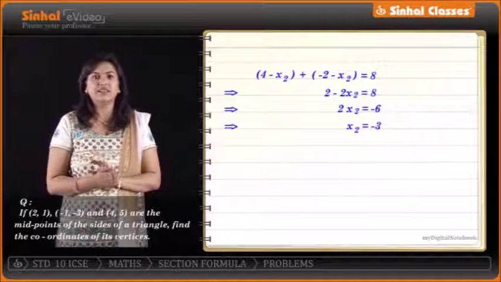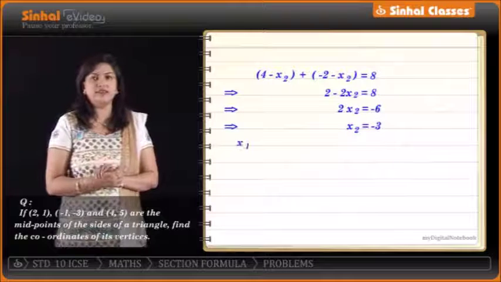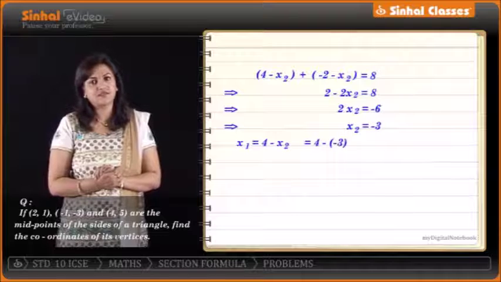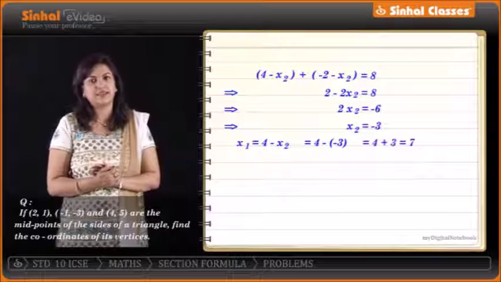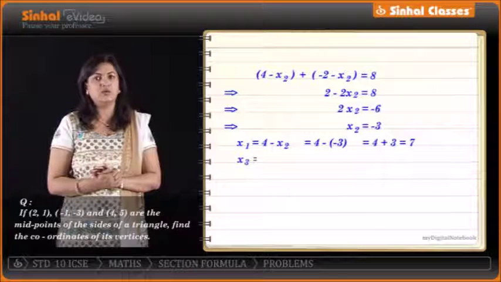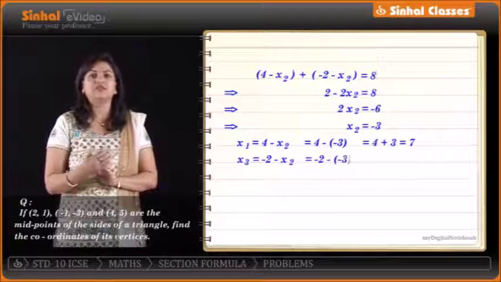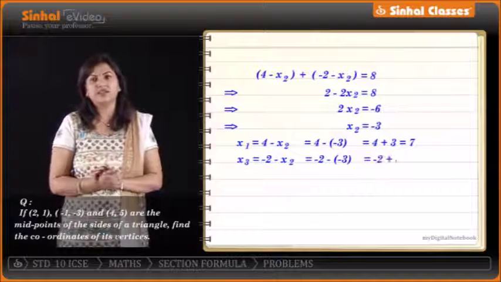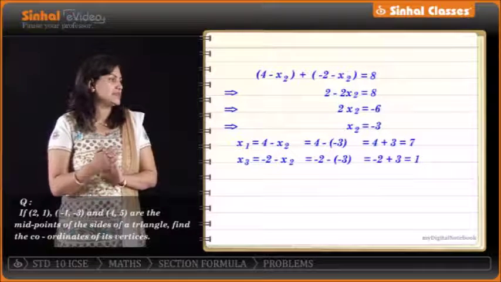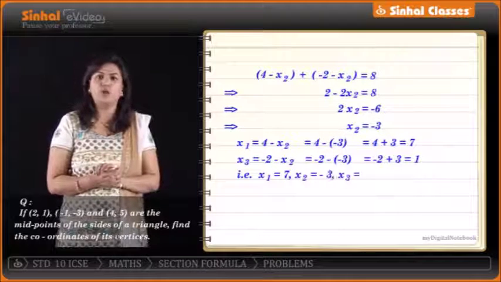Now using this value of x2, we can find x1 as 4 minus x2, that is 4 minus of minus 3, which gives us 4 plus 3, that is 7. x3 will be minus 2 minus x2, that is minus 2 minus of minus 3, which gives minus 2 plus 3, that is plus 1. So we've got x1 as 7, x2 as minus 3 and x3 as 1.